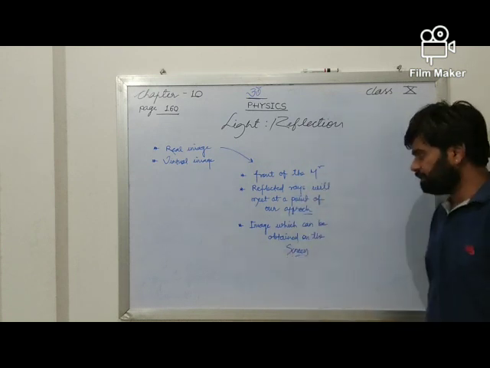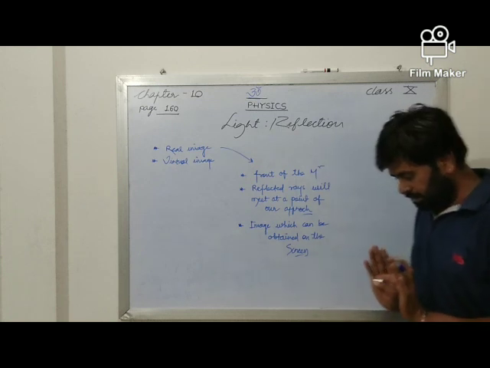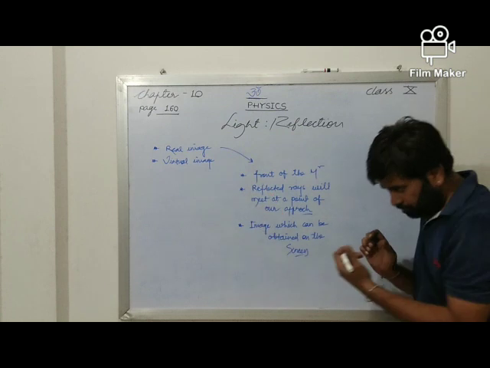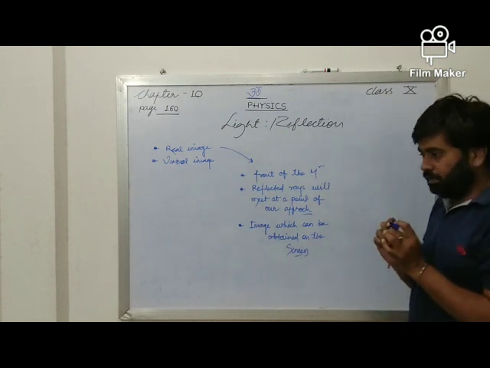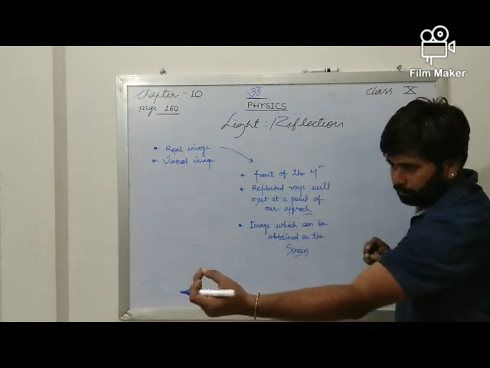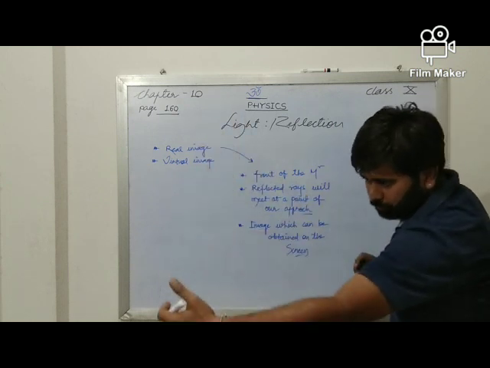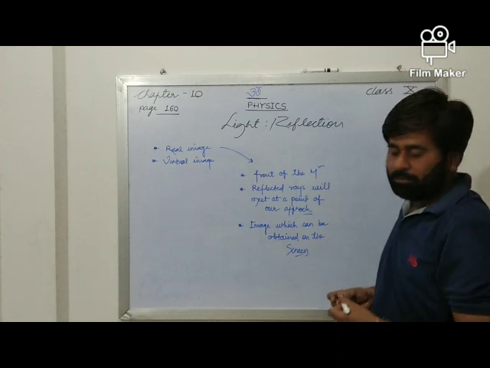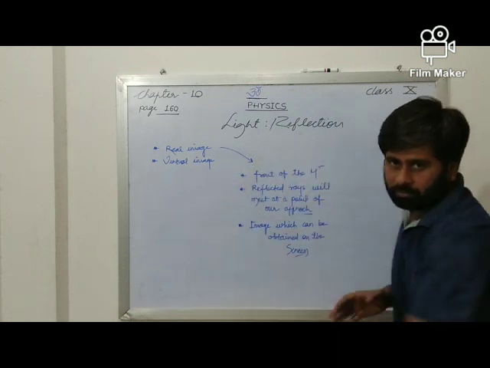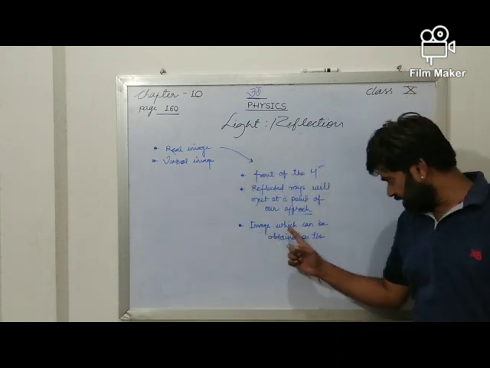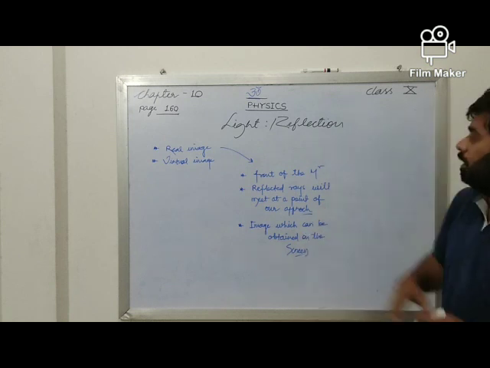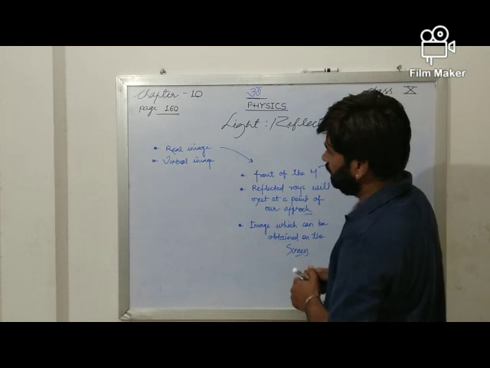Which can be obtained on the screen means what? Suppose this is a particular type of mirror, and the light is coming from that particular direction, and if it meets at a particular point and we put something like a screen, then we may see the image over that screen. That is the image which can be obtained on the screen. Now this was all about the real image.